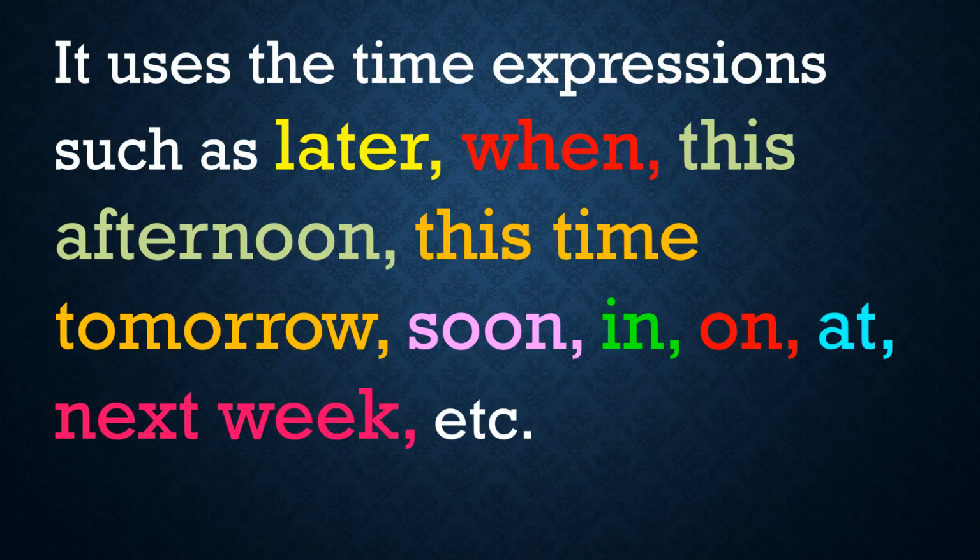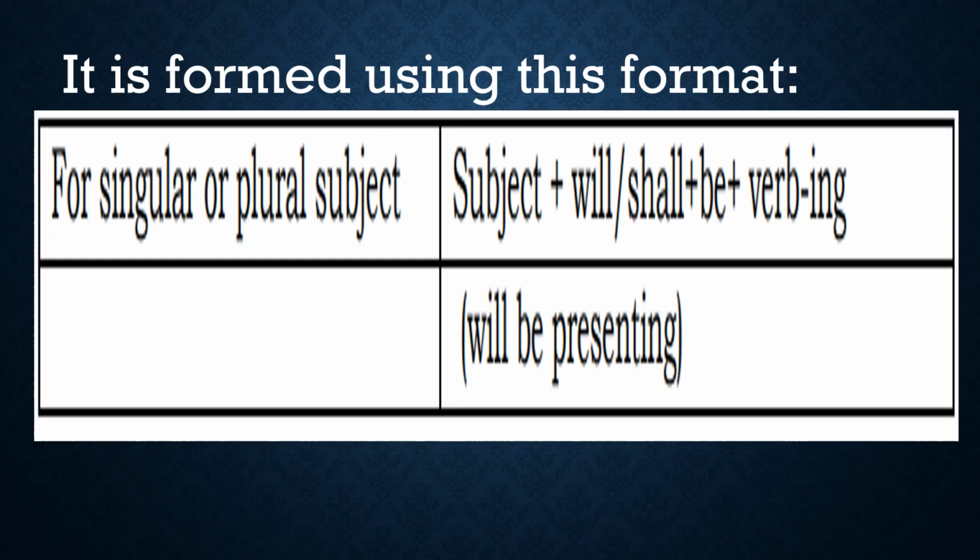It uses time expressions such as later, when, this afternoon, this time tomorrow, soon, in, on, at, next week, and etc. It is formed using this format. For singular or plural subject: subject plus will or shall plus be plus verb-ing.